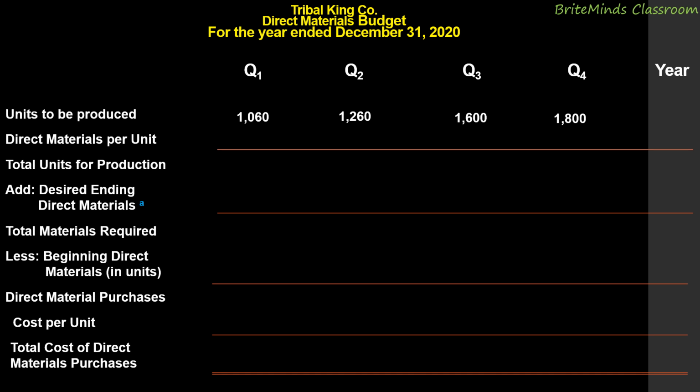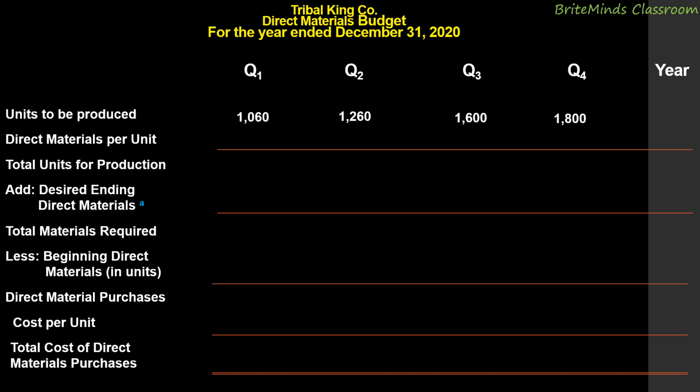Then direct materials per unit. As I have discussed earlier, direct materials are the materials that are directly used in the manufacturing process to create a finished product. Our finished product is the t-shirt, so the direct materials needed for production are the fabrics, let's say we assume fabrics and the trim.